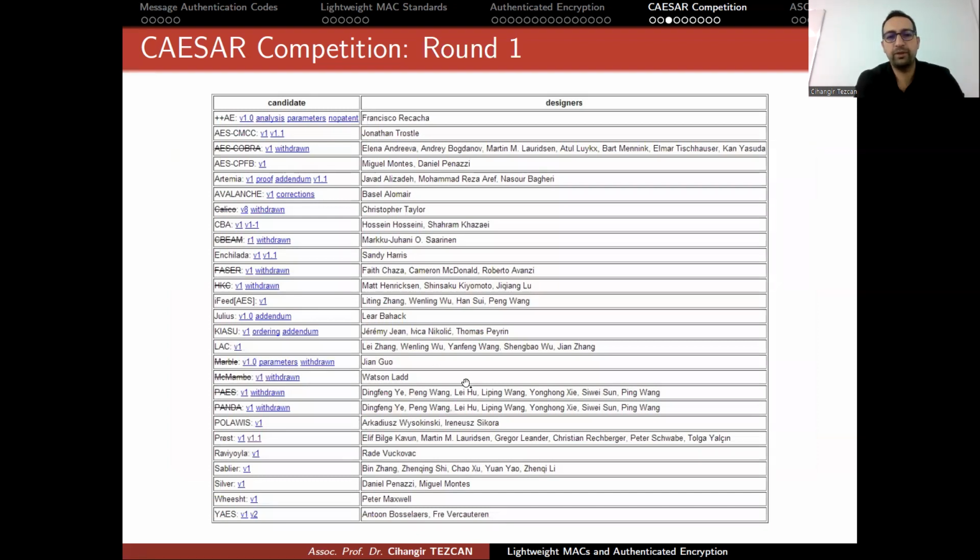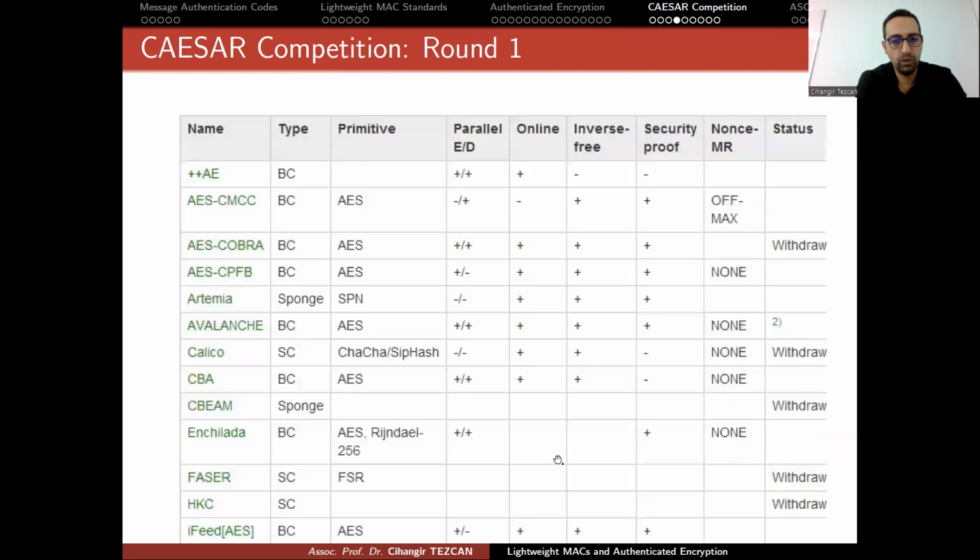So here is, for instance, the name of the candidates and the designers. This is from round one. As you can see, there are some algorithms that were eliminated, and these are the names of the teams. And at the AE Zoo, you can find the algorithm names, their type, like block cipher, sponge, and so on, and the primitives that are used inside.